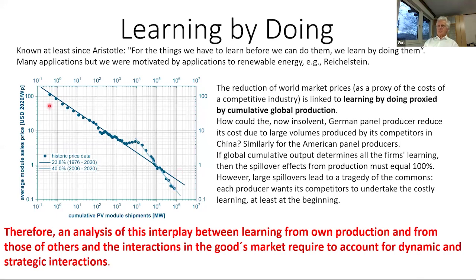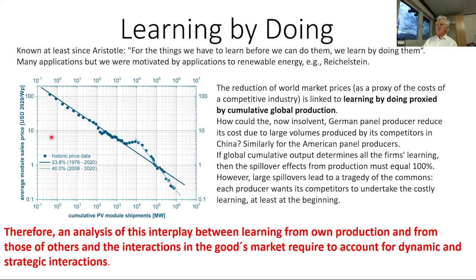So in this case, if you're not familiar with learning by doing, the rule of thumb is the following 80-20 rule. Whenever you double output, your costs fall to 80% or are reduced by 20%. Okay? So you know it's a power function. This is scale invariant in price-wise.